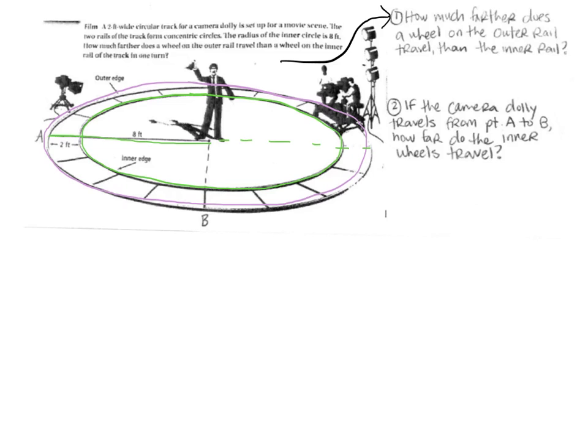If it did, this line would represent half of the circle. So from A to here is half of a circle, 180 degrees. 1, 2, 3, 4, 5, 6, 7, 8 of those lines. But from A to B, it only goes 1, 2, 3, 4.